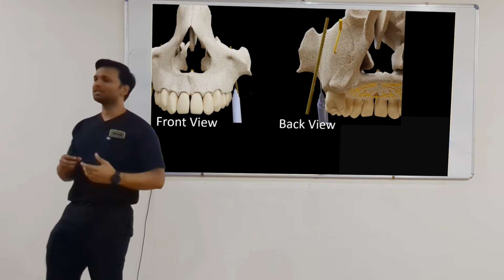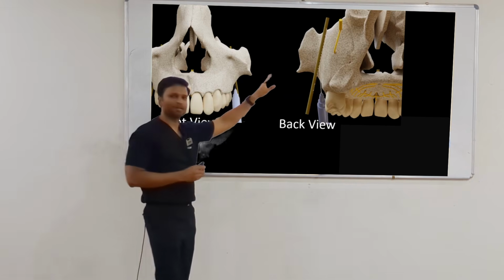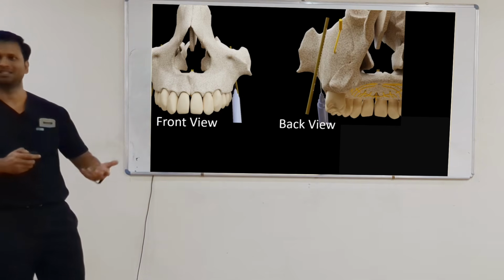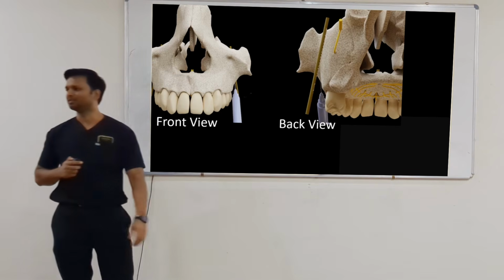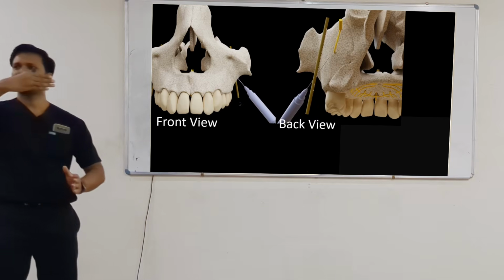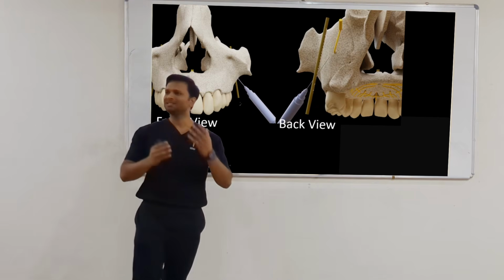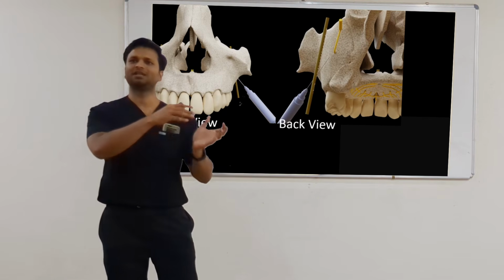Okay, so if we follow only this, that we are directing the needle just straight backwards, we will see a complication called mandibular anesthesia. Okay, so to rectify that, we can change the angulation. We can keep it more medially, 45 degrees. Okay, but the problem is the needle is very thin. Once you have inserted the needle inside the soft tissue, you can't change the direction.